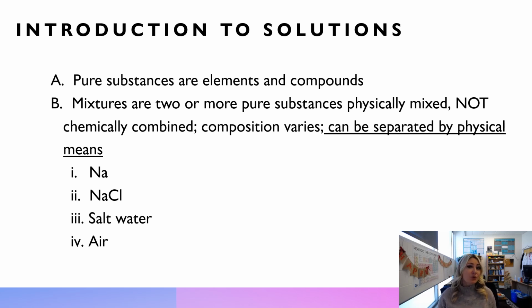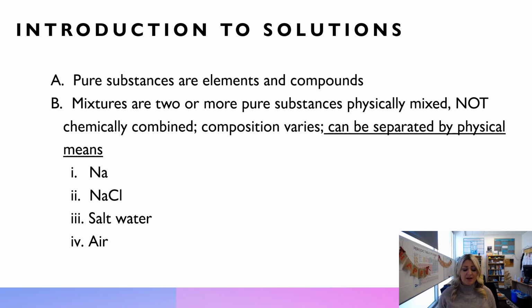Mixtures are when we have two or more of these pure substances. They can be elements, they can be compounds. They're physically mixed together. So think about stirring them together. They're not chemically combined. Their composition can vary. You may see one substance of one color and another substance of another color, but these can be separated by physical means. So a good example of this would be salt water.